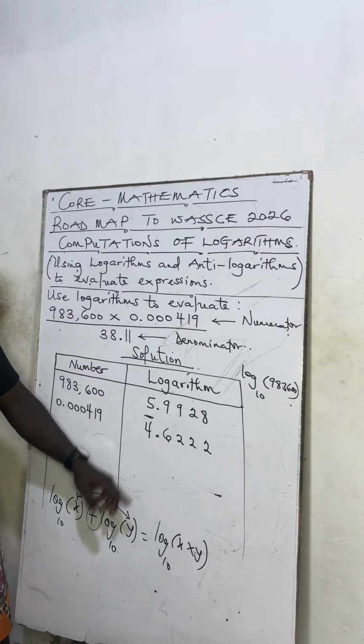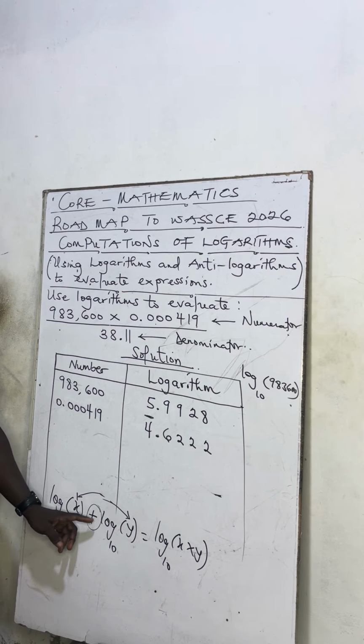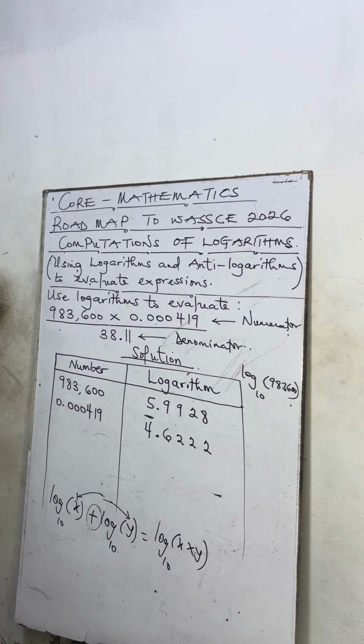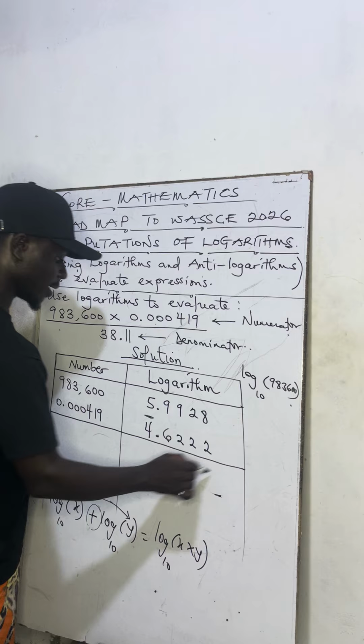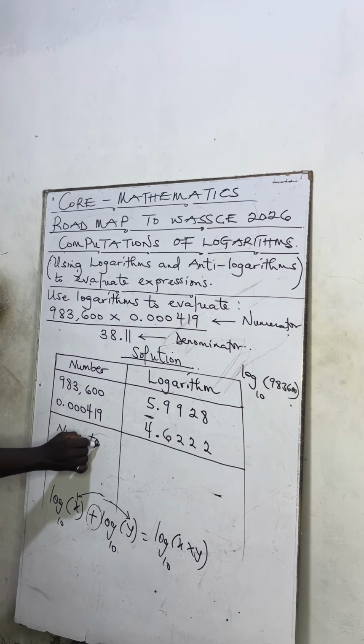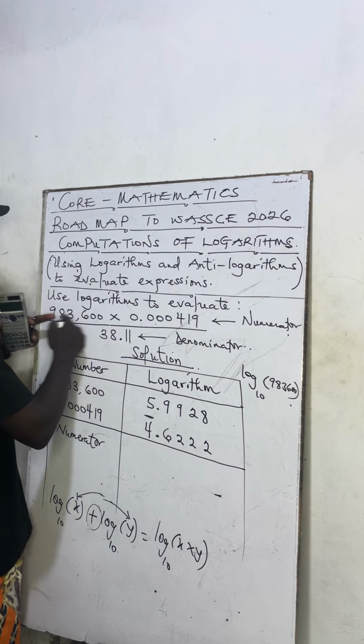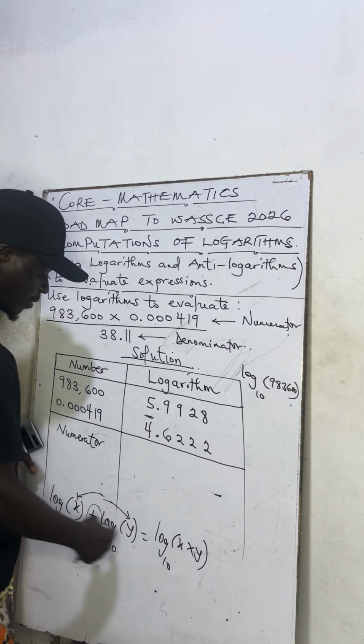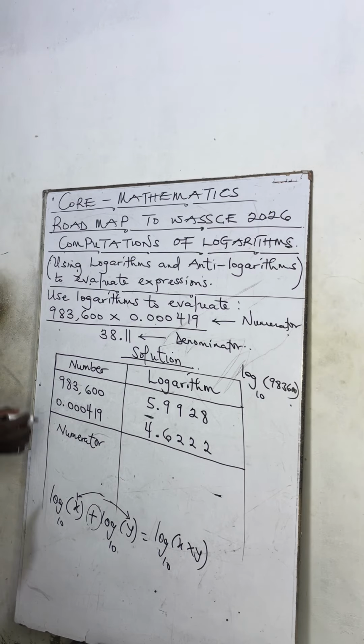So in logarithm, since they are multiplying, we have to add. Now let me deal with this guy, the numerator. We have to look for the answer for the numerator. Because they are multiplying, in logarithm, we need to add. So let's add.